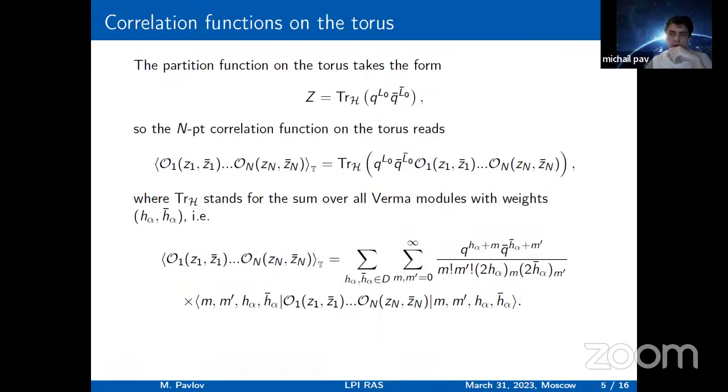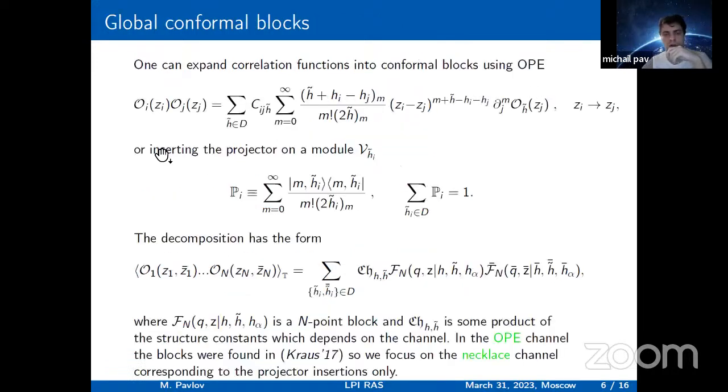And what can we do? We can consider the operator product expansion between two operators, which gives us an infinite sum, but with some operator that acts on one operator instead of two.